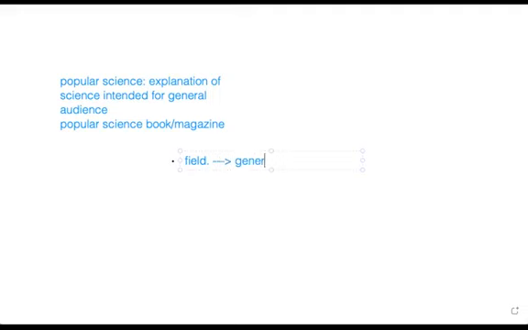The answer can be general, like, for example, you can say biology, right? But when I say, what is your specialism? This has to be specific, like, for example, you say molecular biology.